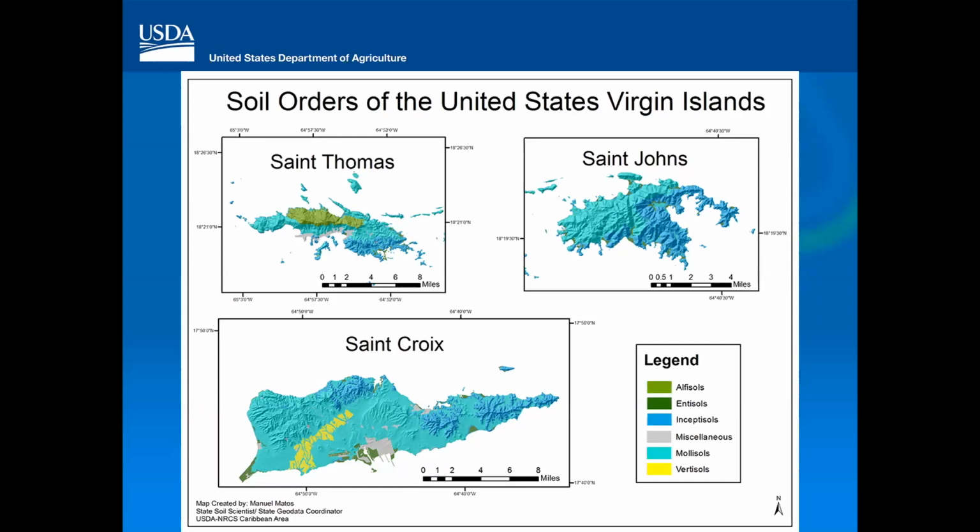Actually 5. I'm going to talk a little bit about them in the next slides. You can see the distribution, with the mollisols being the soils that occupy the most extent of the islands.